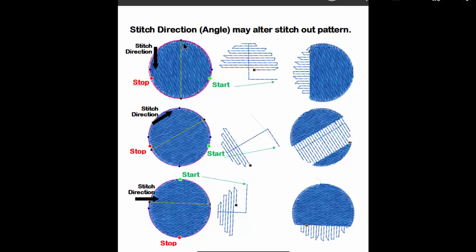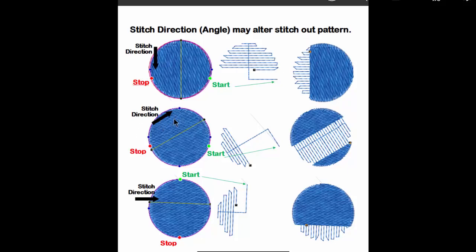If we have our stitch direction going vertically and our stop and starts are on the sides, this is the starting point for the underlay. So we start here, go up to the top, and here we have our stitch direction, and it then comes to the sides where it's going to fill in all of our stitch direction over to the side.